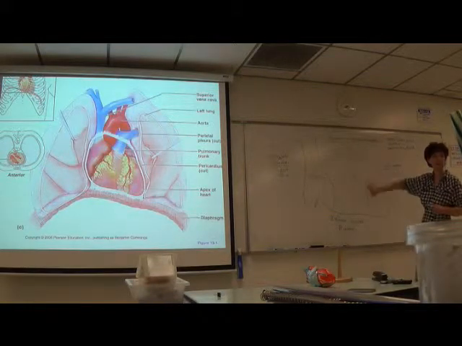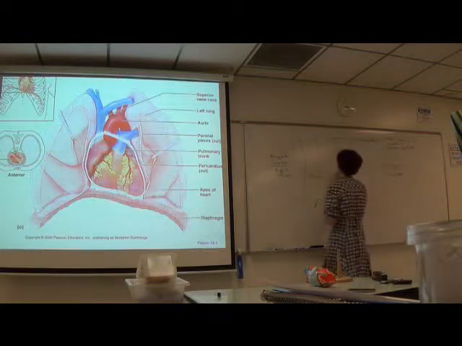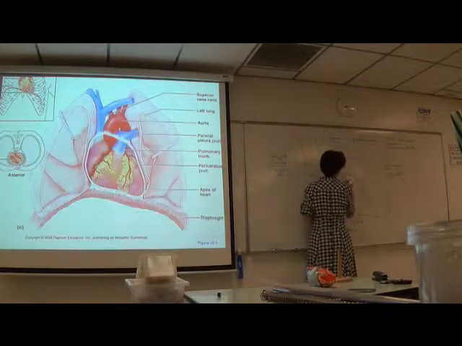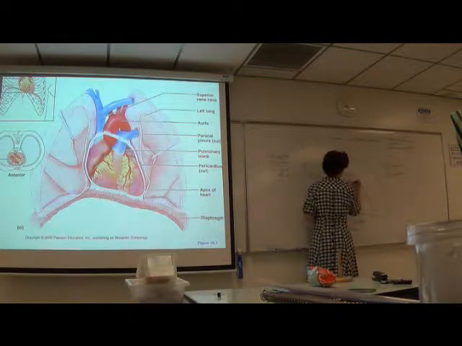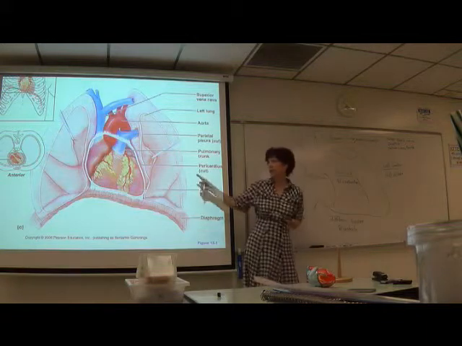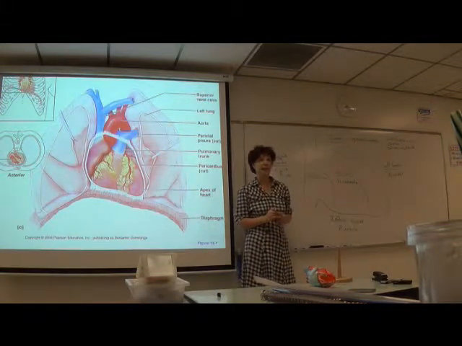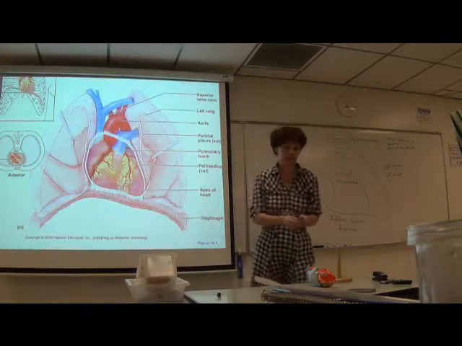The anterior surface of the heart, so all of this, is also given to the right ventricle. I mean, you would see a little bit of the left ventricle, but primarily we're seeing the right ventricle. And then the posterior surface.